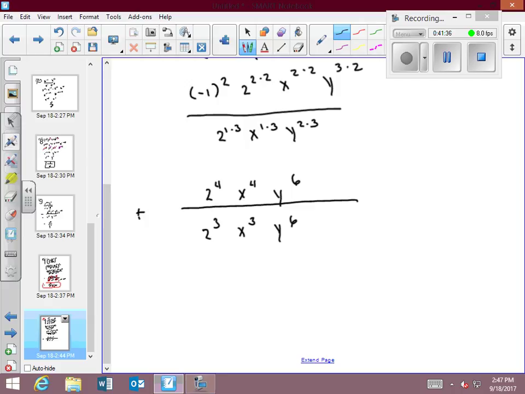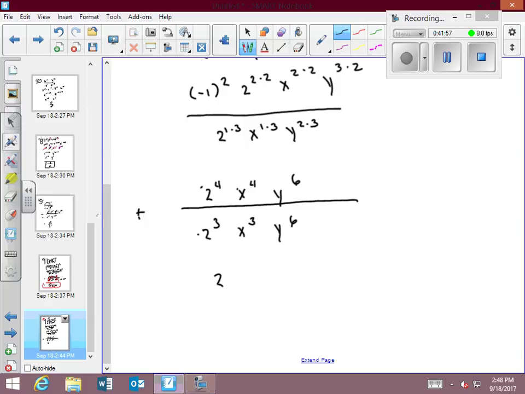Now, the 2 to the 4 in the numerator and the 2 to the 3 in the denominator become what? The base is the same. The bigger number is 4 in the numerator, so we'll go 4 minus 3, right? So it's a 2.